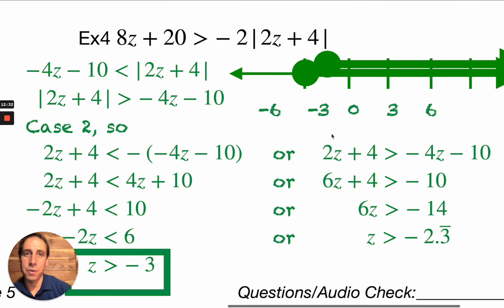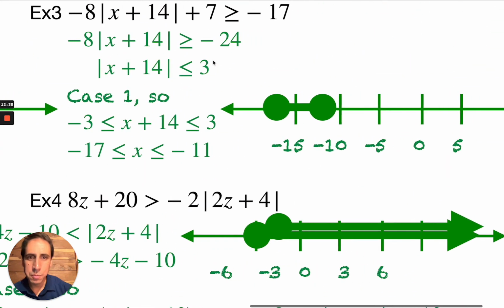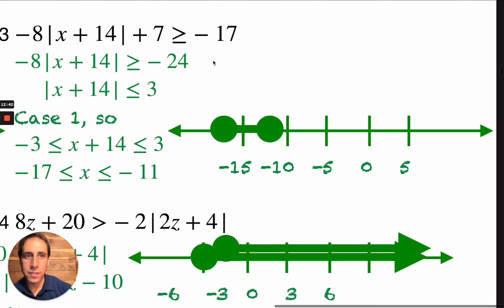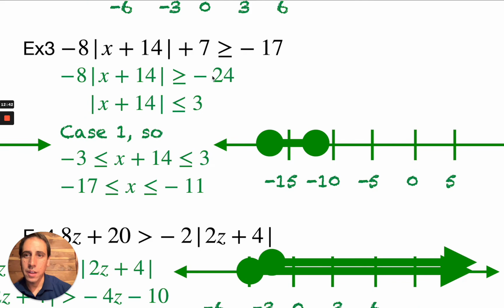These should also be open dots as well, right here. Okay, so did I provide the interval? It didn't provide the interval. It doesn't say to do so, but this would be all the numbers between -17 and -11 with square brackets.